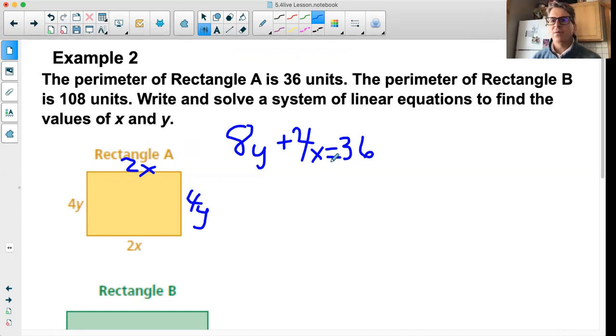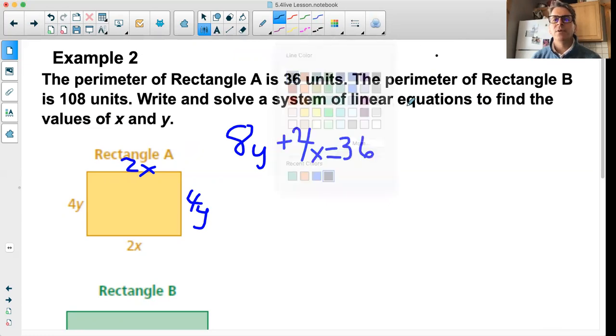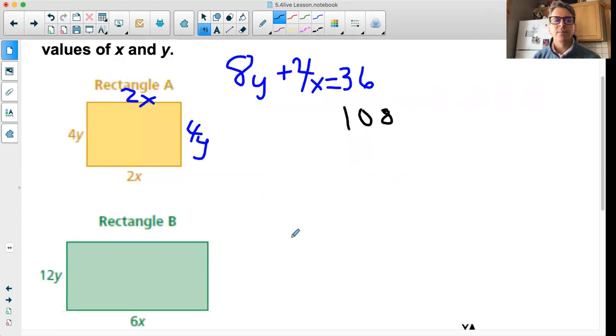It also says that rectangle B is 108 units. So I'm going to change colors here and go 108. And I'll keep the y's underneath each other. This is 12y on this side. This is 12y on this side. And if this is 6x on this side, I'll have 6x on this side.